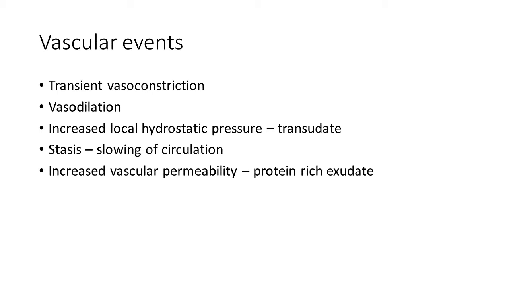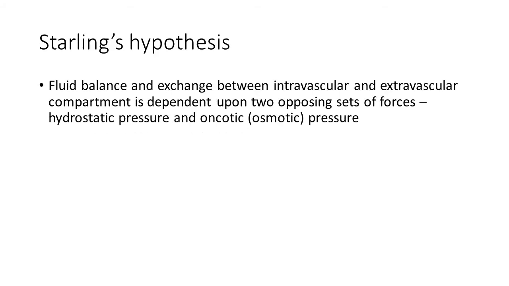In order to understand this vascular permeability thing, we have to understand the concept of Starling's hypothesis. Starling's hypothesis explains the mechanism of fluid balance maintained between the intravascular and extravascular compartments.